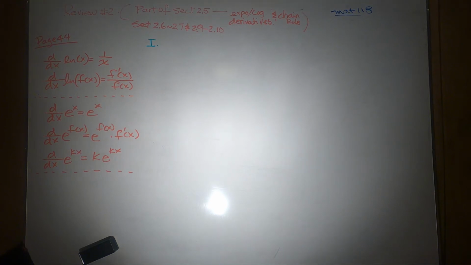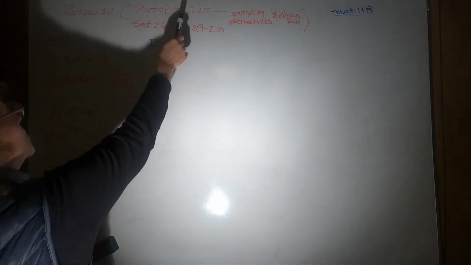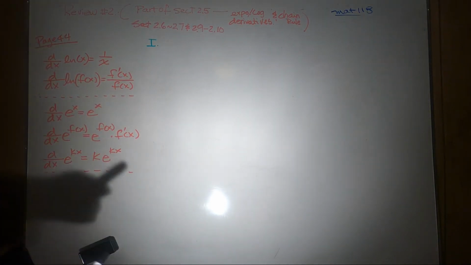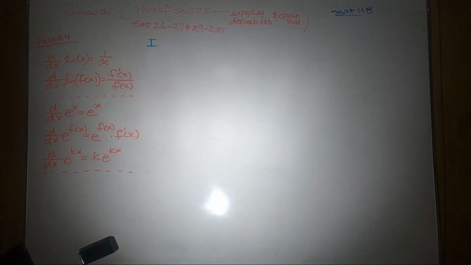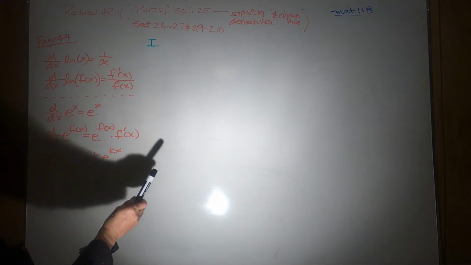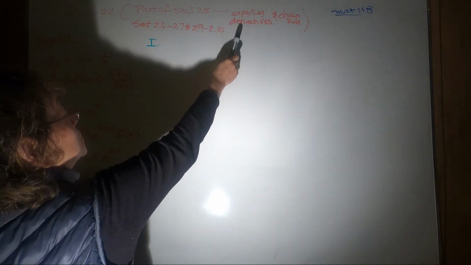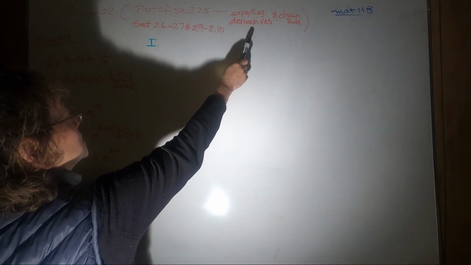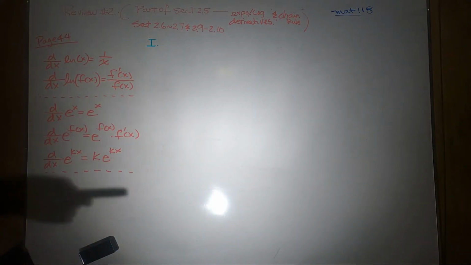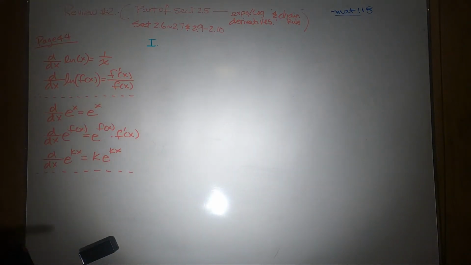Okay, let's do the review for exam 2. Your exam 2 will cover part of section 2.5, which we didn't do for exam 1, right? It includes the exponential function and log function, and their derivatives and chain rule.